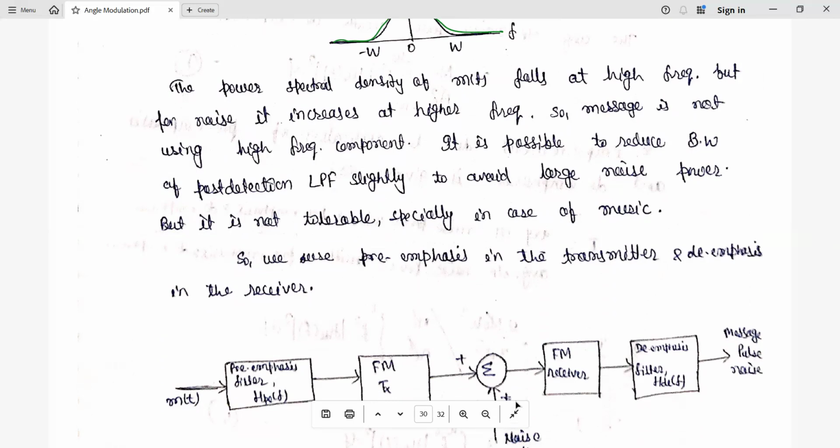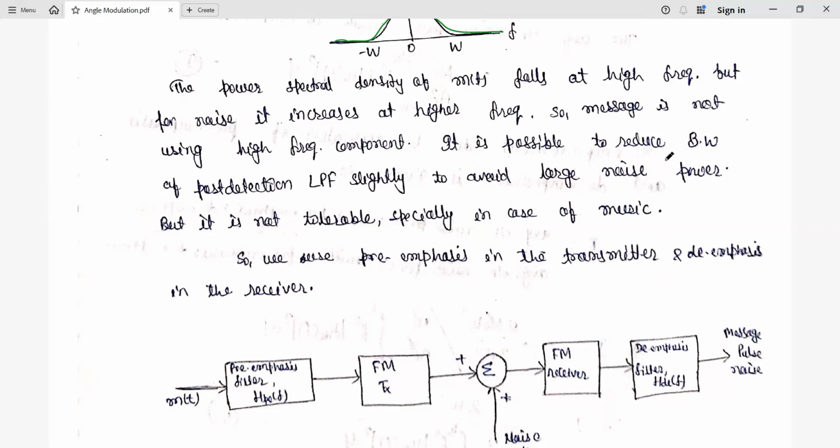But what you are seeing in the case of noise is that it has a higher value at high frequency. So the message is not using the high frequency component, while the high frequency component is used by the noise. So how do we reduce the bandwidth?